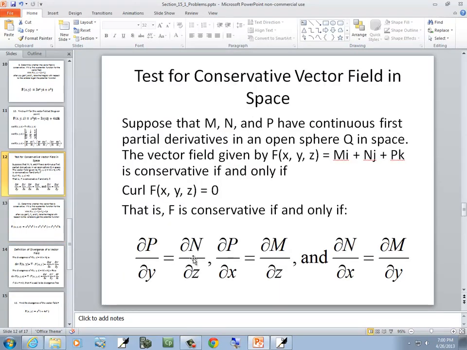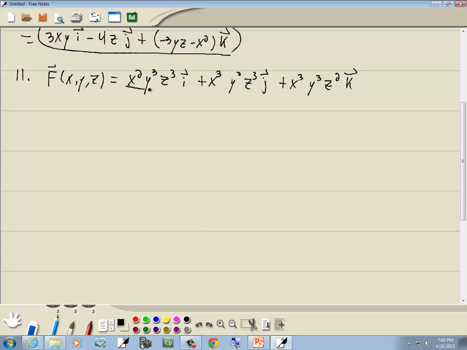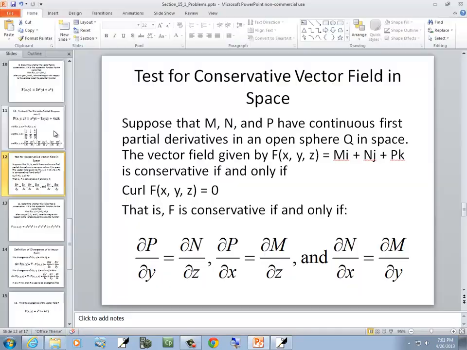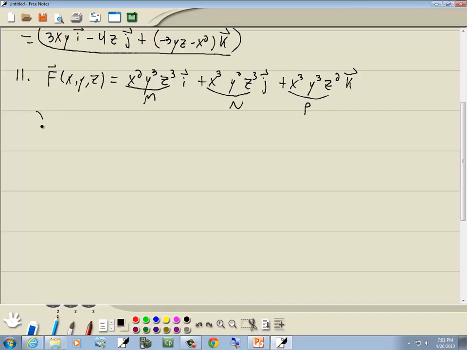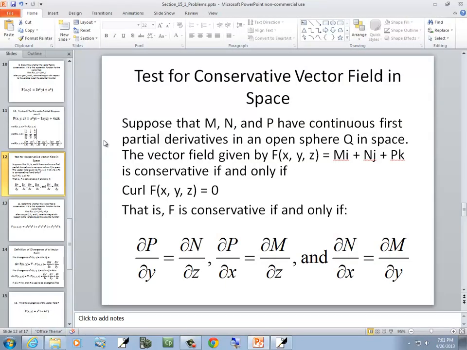Well, let's work on this. First off, let's identify: this is M, this is N, and this is P. First thing we have to check is the partial of P with respect to y, and we're wondering if that's equal to the partial of N with respect to z.